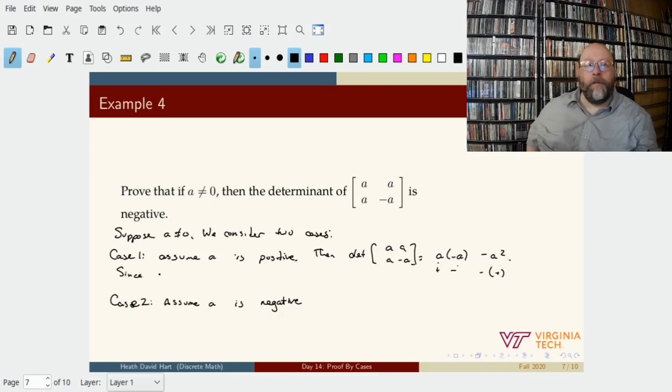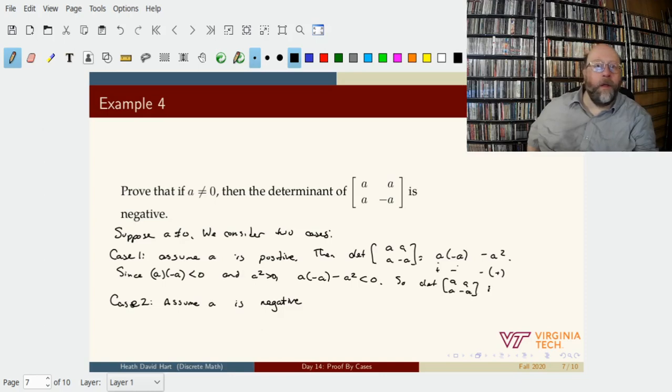Since a times negative a is less than 0, and a squared is greater than 0, a times negative a minus a squared will be less than 0. And so the determinant is negative.